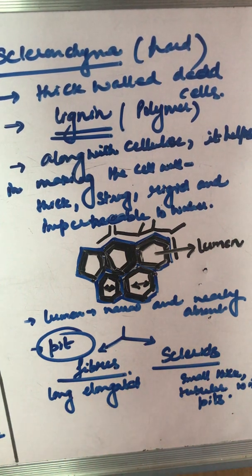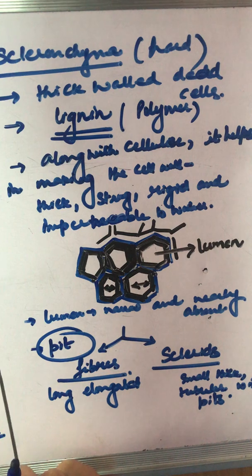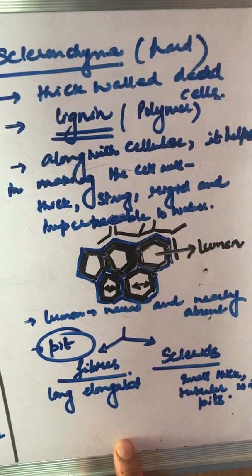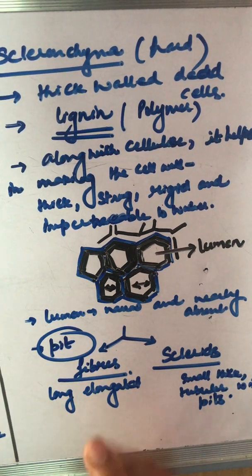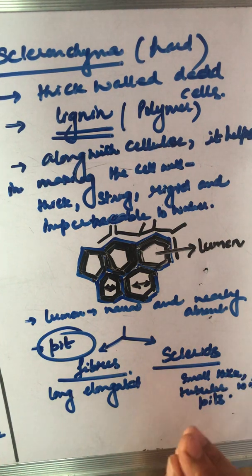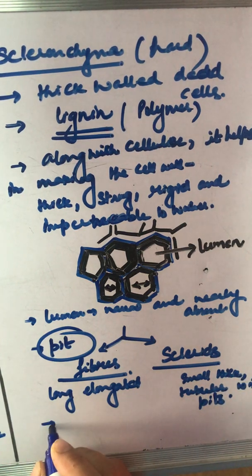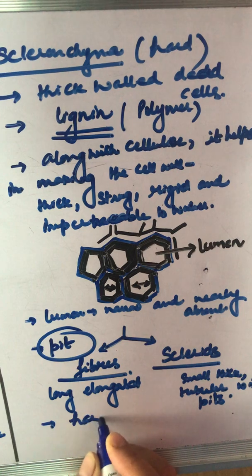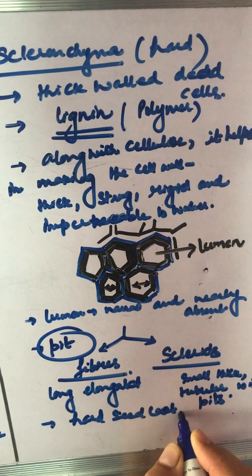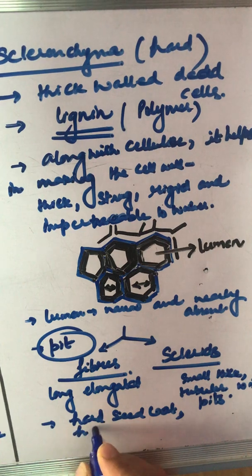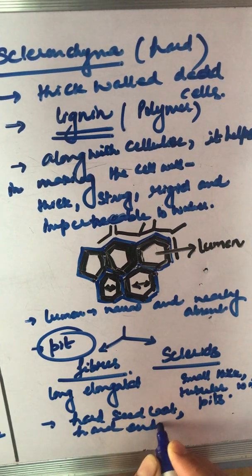And where are they mainly present and distributed? See, these are quite hard. If these are hard, they are obviously on the outer side or in the protective regions of the plant. So these occur scattered in the cortex, pith, phloem. Otherwise also, they are found in the hard seed coat, then hard endocarp.